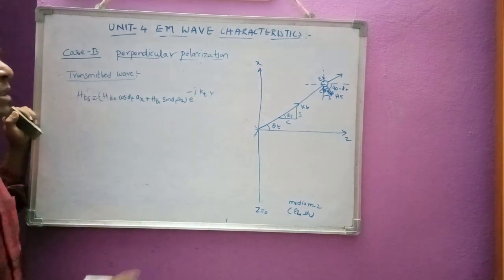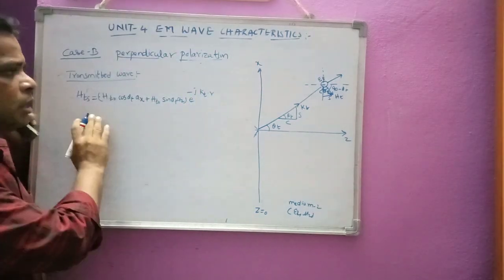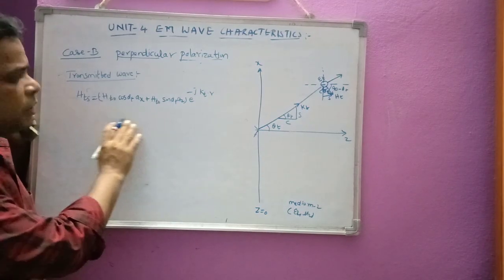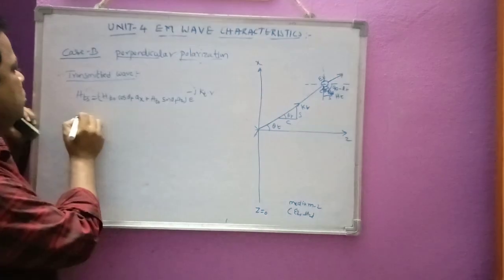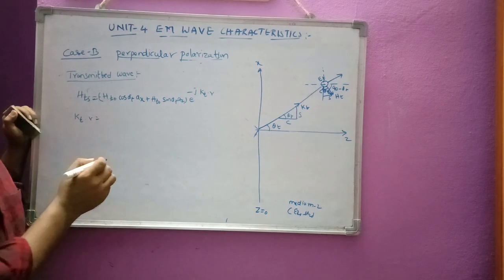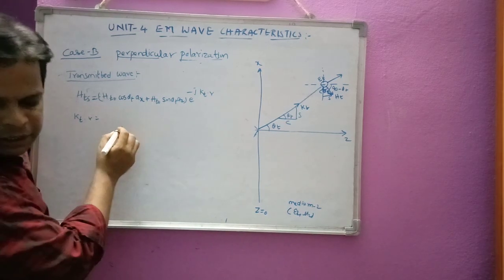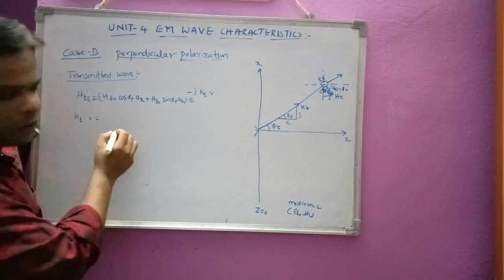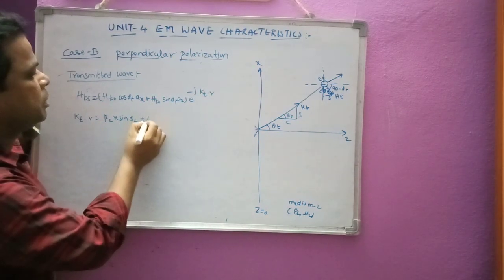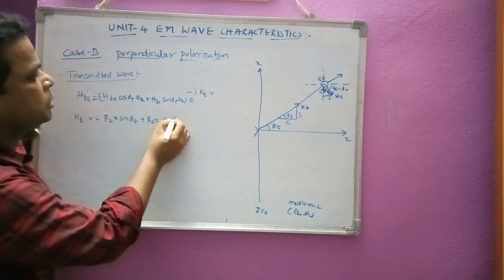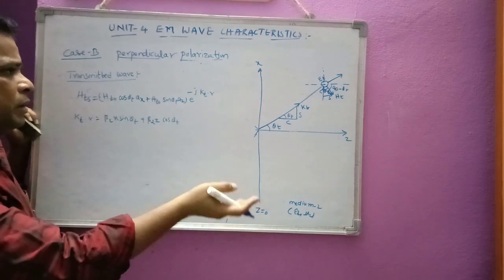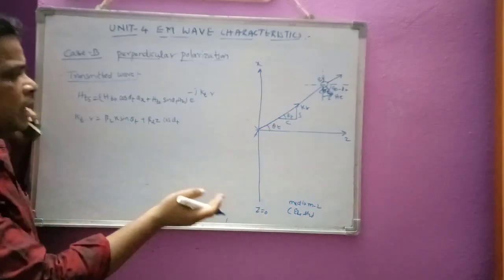Now this kt dot r is going to be the same as the equation we derived for the electric field. Kt dot r is the same expression, that is beta 2 x sin theta t plus beta 2 z cos theta t. So this will be the same expression for the transmitted electric field as well as the transmitted magnetic field.